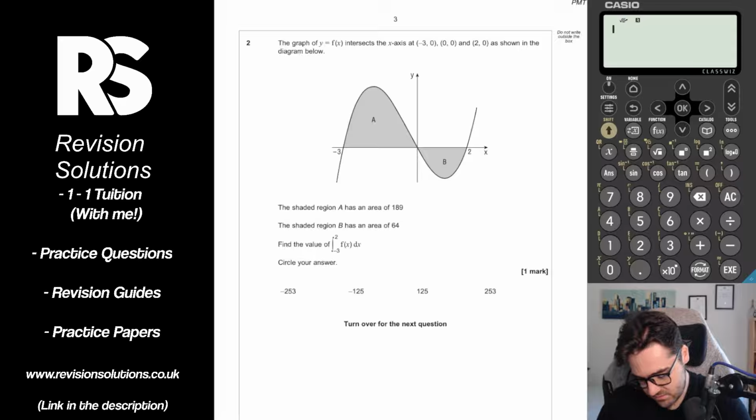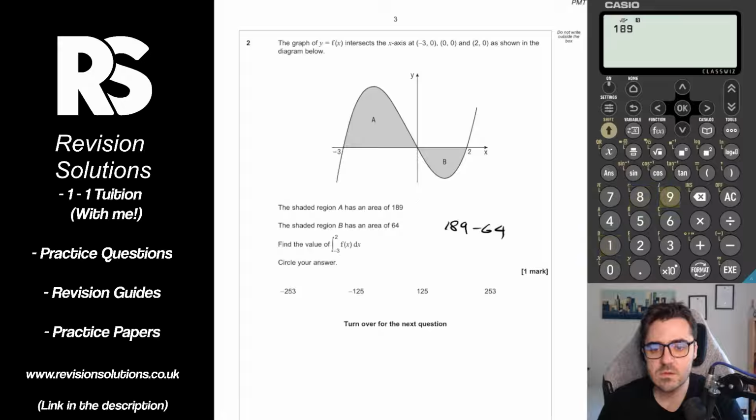And then they're doing the integral from −3 to 2, so if we think about this integral all in one go, the A and the B are actually going to cancel out. So the value you'd get from the integral would be 189 minus 64, which is 125, so it's the third option.